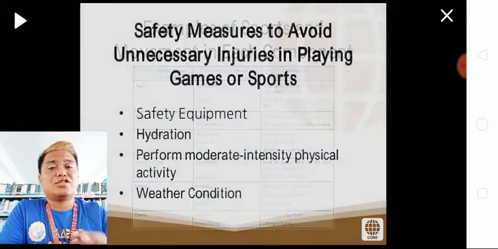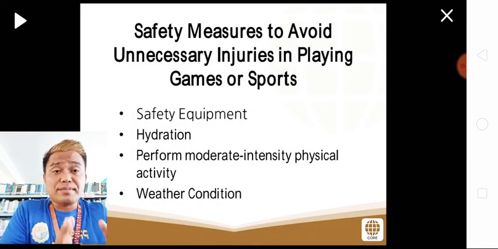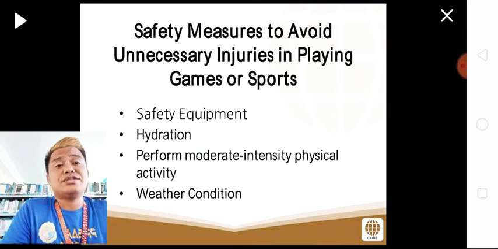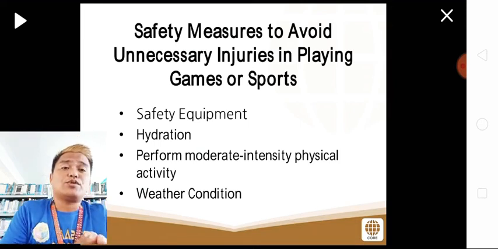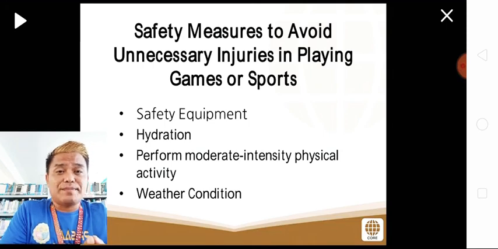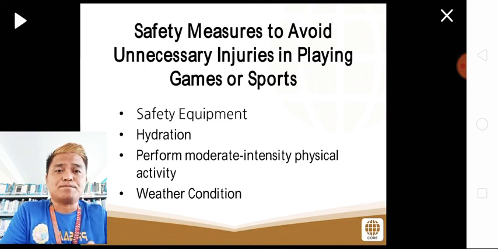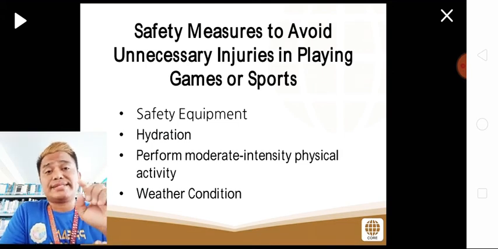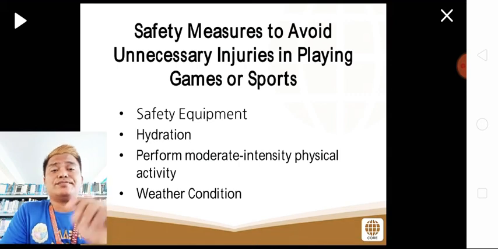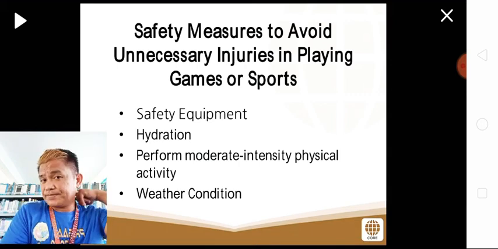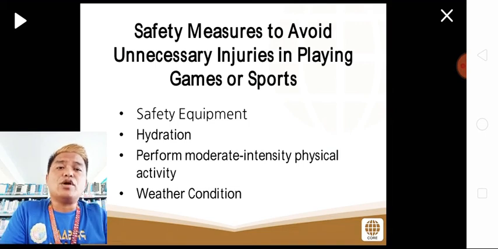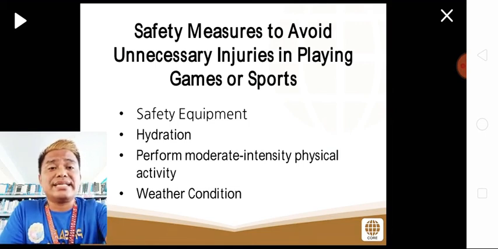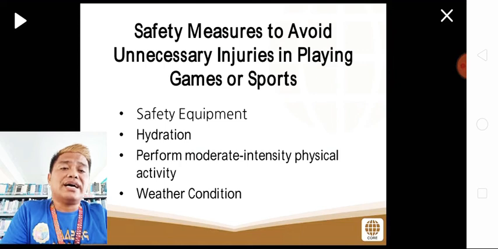Okay, let's proceed. Safety measures to avoid unnecessary injuries in playing games or sports. So, you should know about safety. That's number one really. Number one, safety equipment. Number two, hydration. Number three, perform moderate intensity physical activity.